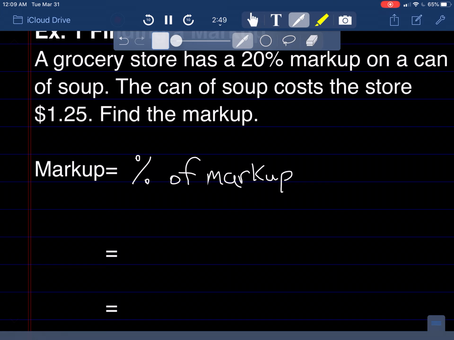I don't like how messy this is. So we have the percent of markup times the store's cost. Okay. Whoops. Can't spell store.